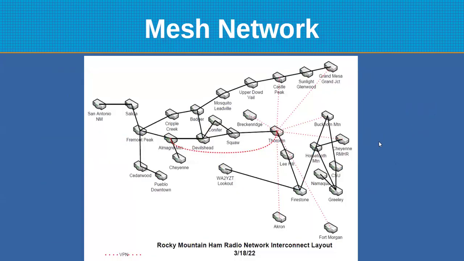Here's a little diagram of one of these mesh networks somewhere out in Colorado. You might recognize some of the towns. Like Breckenridge is where I used to ski. Cheyenne, that's probably Wyoming. Oh, San Antonio, New Mexico.